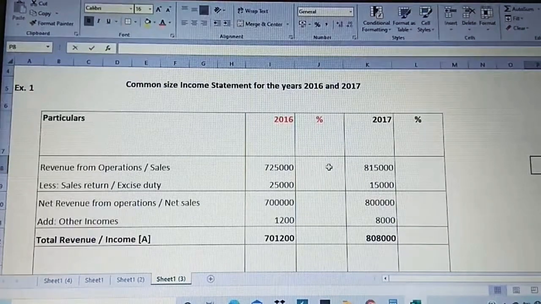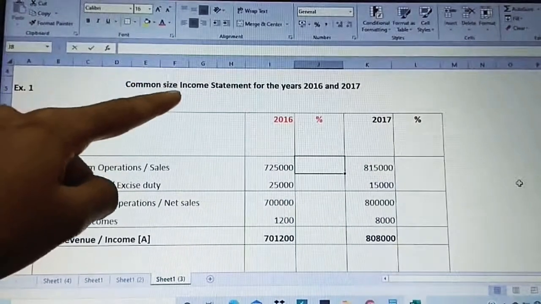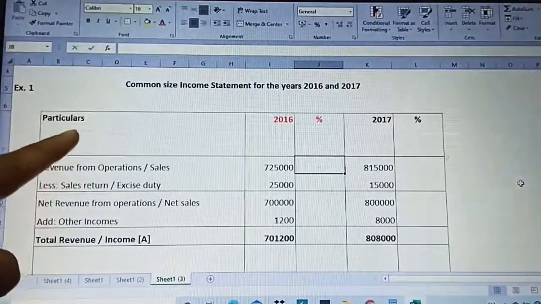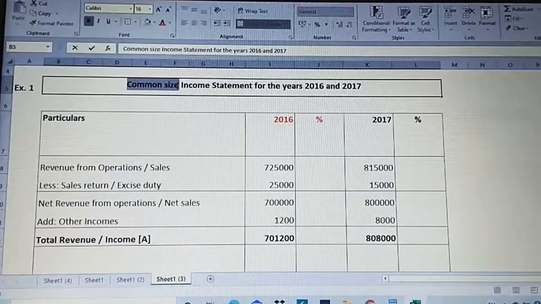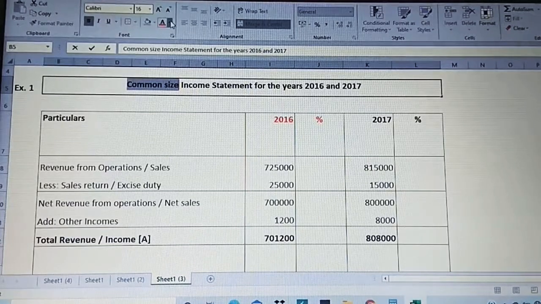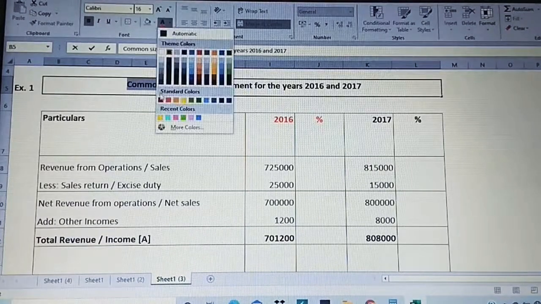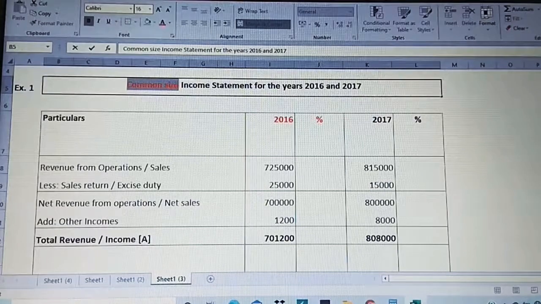It's very simple, students. Going for common size. Whenever you go for the words common size, let me show you the words common size highlighted.